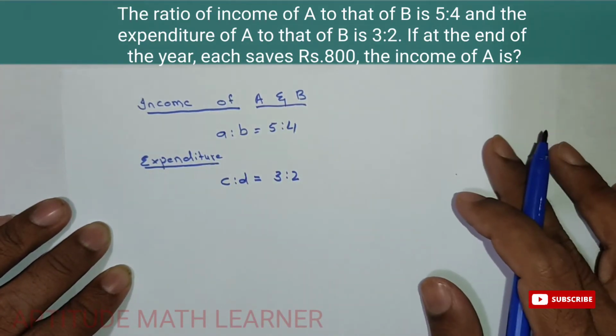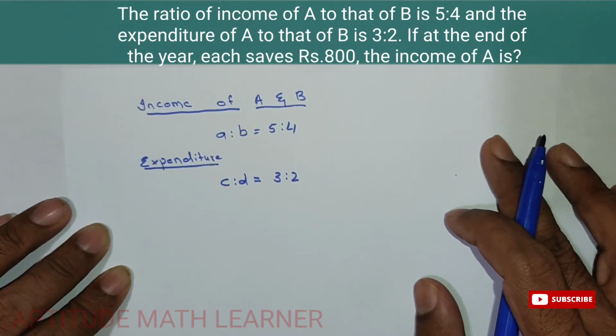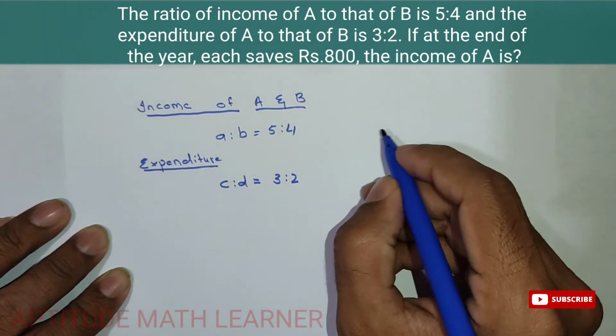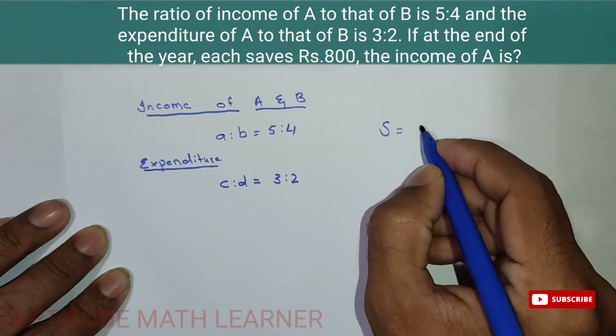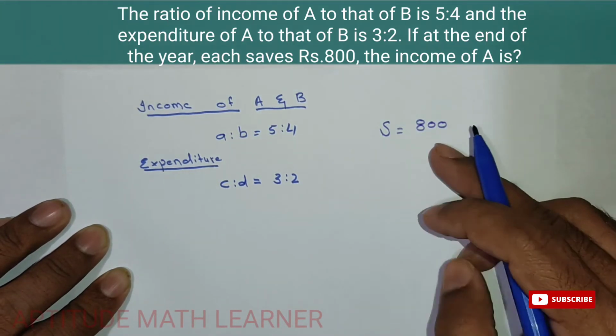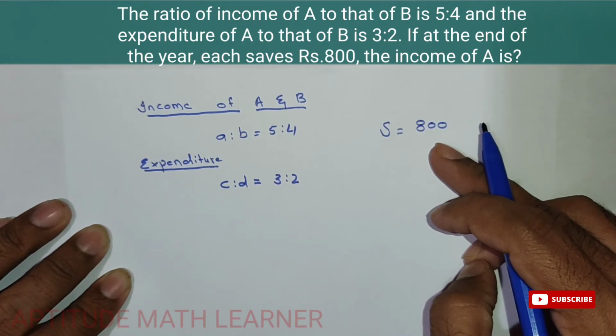Here in the question it has been asked to find out the income of A. The savings of both at the end of the year is 800.